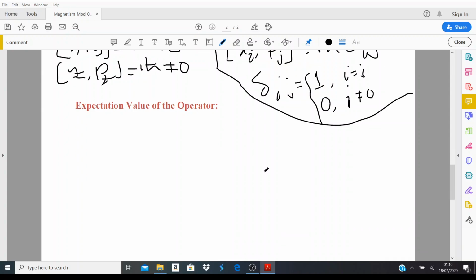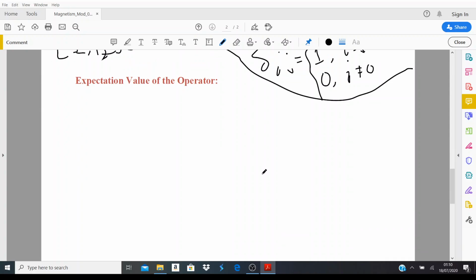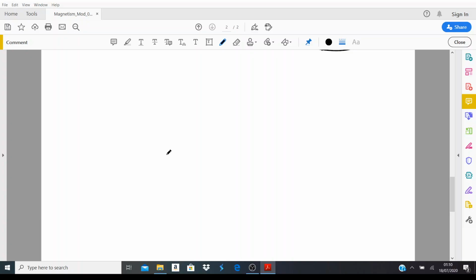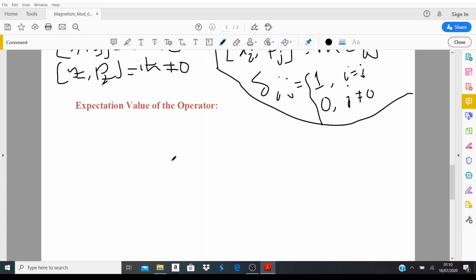And the last topic that I want to introduce here is known as the expectation value of the operators, right? As I've mentioned before, the need for the expectation value is that usually in quantum mechanics, the operator in the raw form doesn't have any value, but we need some values from the operators. So the answer to how to find the values from the operator is the expectation value.